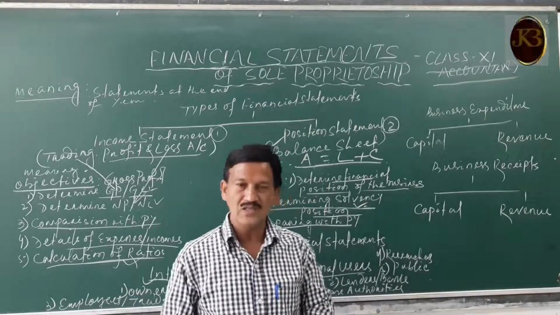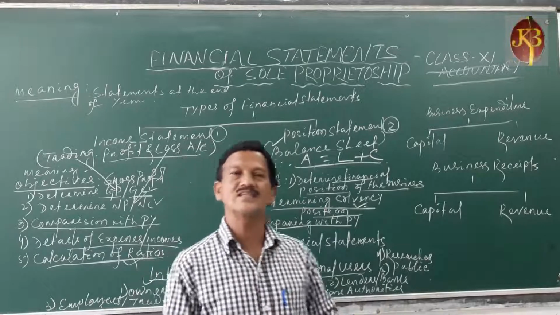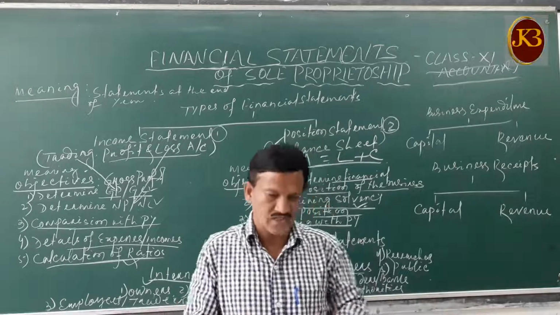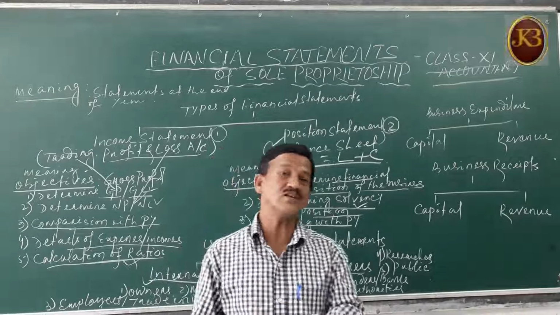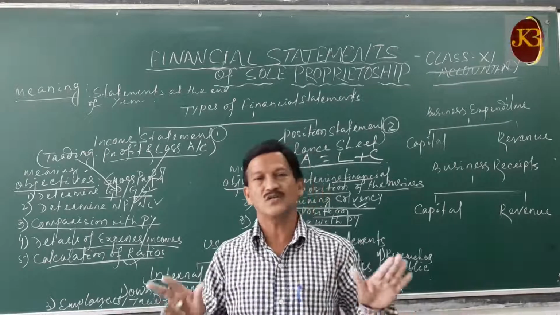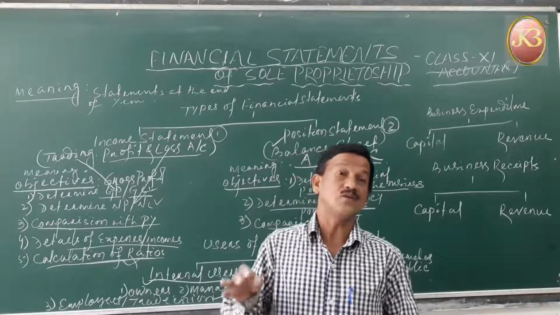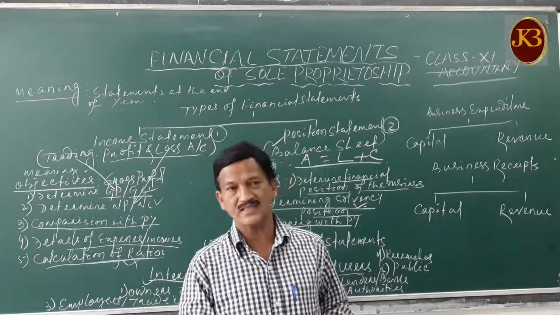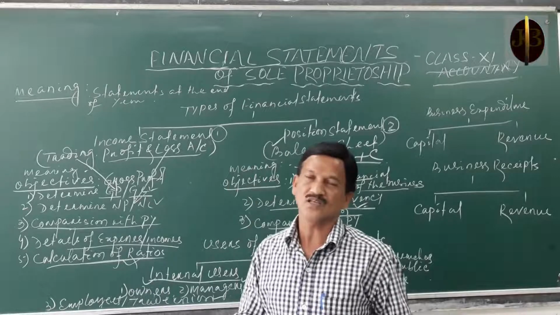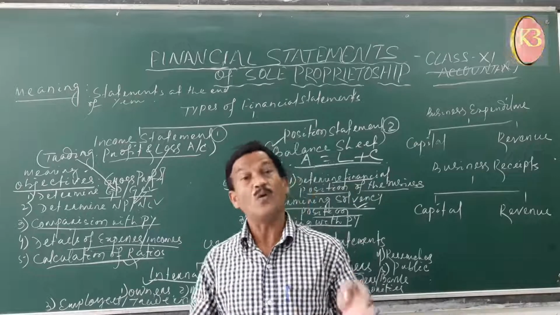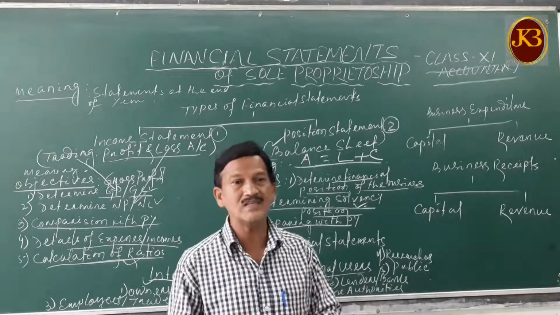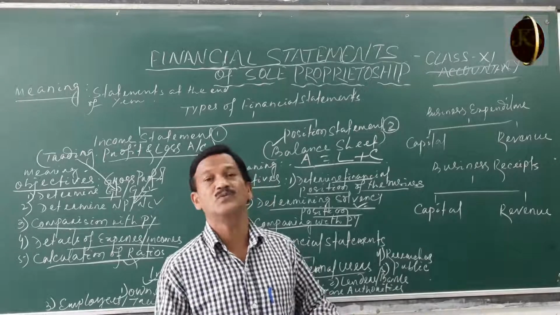Short-term solvency is the proportion of current assets to current liabilities. If current assets are more than current liabilities, your short-term solvency position is good. If your current liabilities are more than current assets, your short-term solvency position is bad, worse. That means it is very dangerous, so you have to be very careful about that.